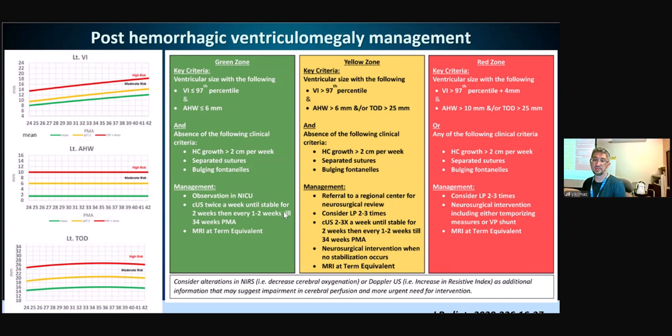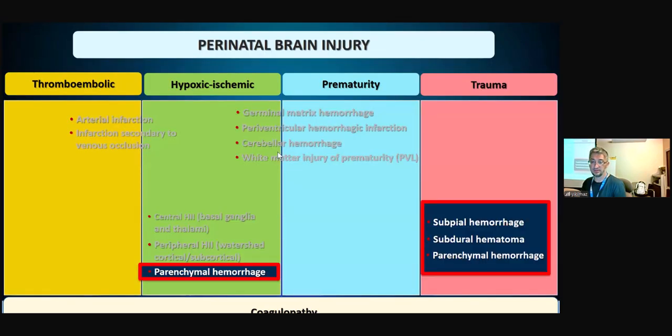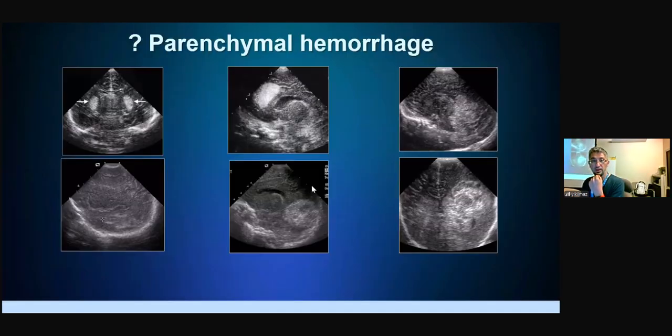Right. So the next topic will be hemorrhage, parenchymal hemorrhage. Most of the time related to trauma and also coagulopathy is contributing to this. And here, these are all different patients, 6 different patients.